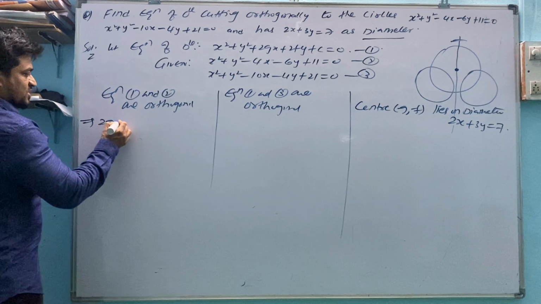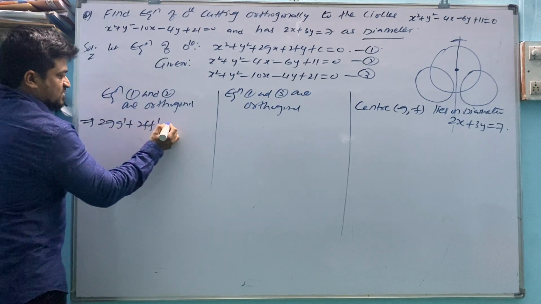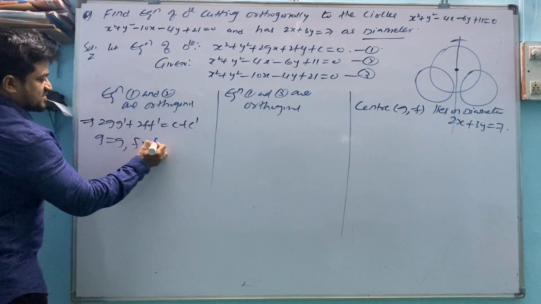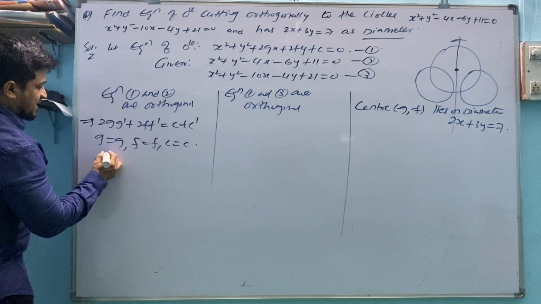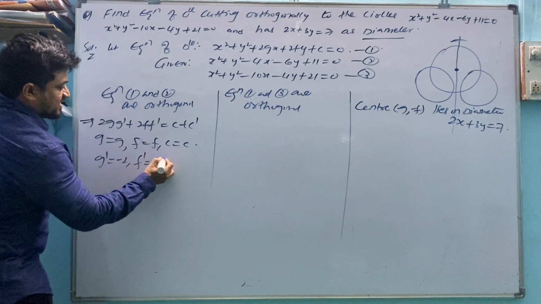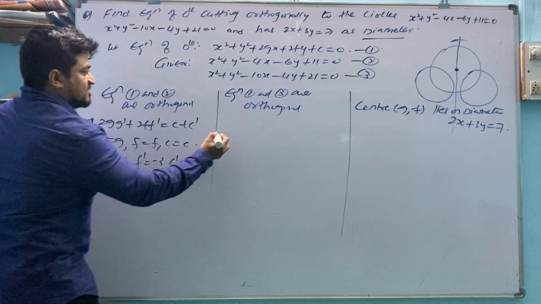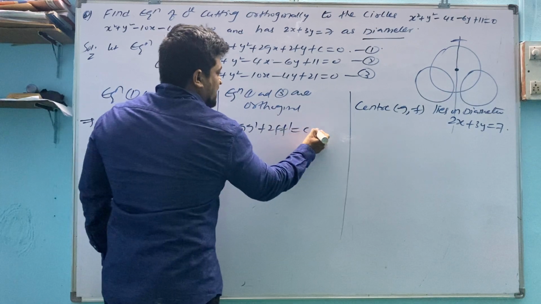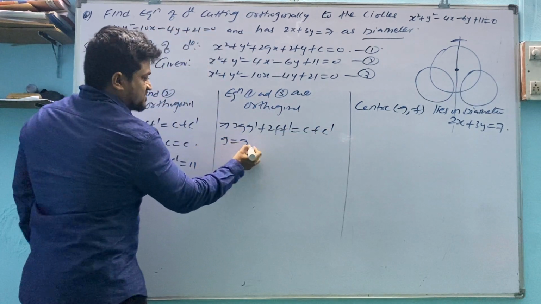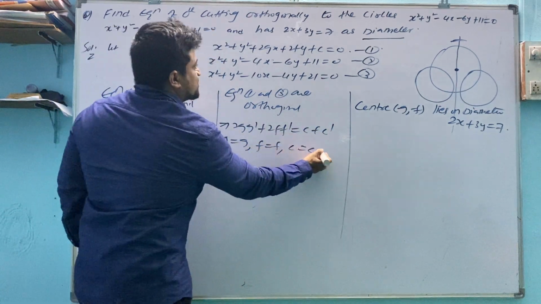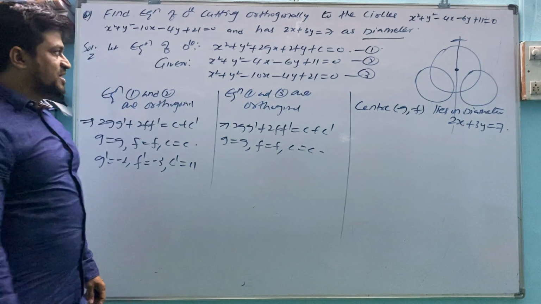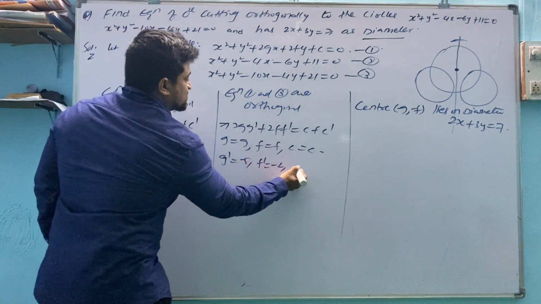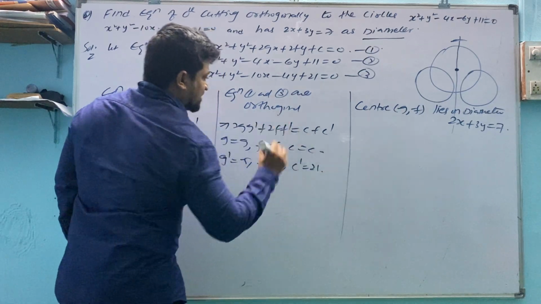For equations 1 and 2, 2g g dash plus 2f f dash is equals to c plus c dash. So g is g only, f is f, c is c. g dash is minus 2, f dash is minus 3 and c dash is 11. Same thing here also, 2g g dash plus 2f f dash equals to c plus c dash. g is g, f is f itself, c is c. g dash value is minus 5, f dash value is minus 2, c dash value is 21.